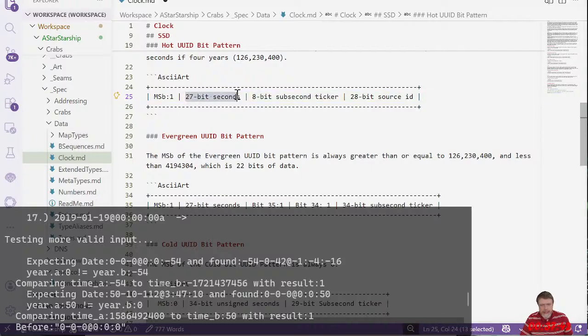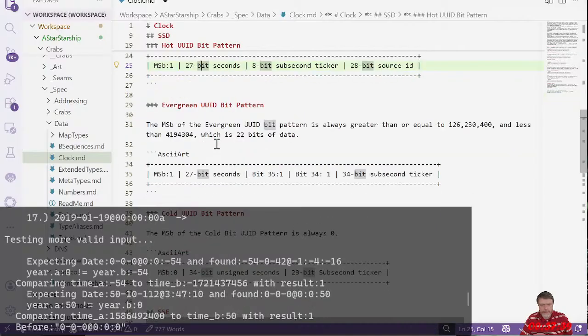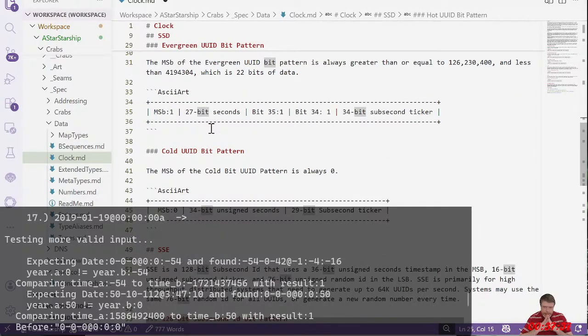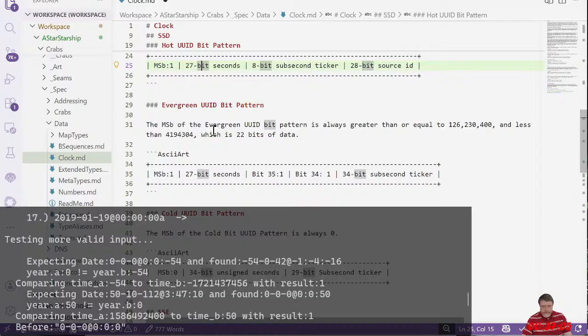Instead, I'm taking half a bit from the timestamp. So I'm not 100% sure if that is exactly what I want to do, because what does an evergreen bit pattern actually do? So the evergreen bit pattern, second ticker.